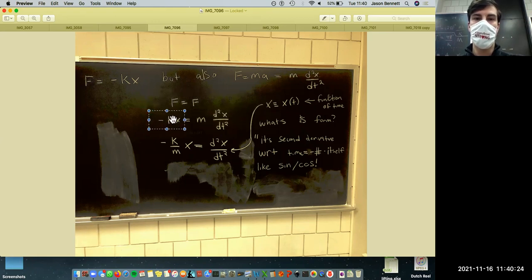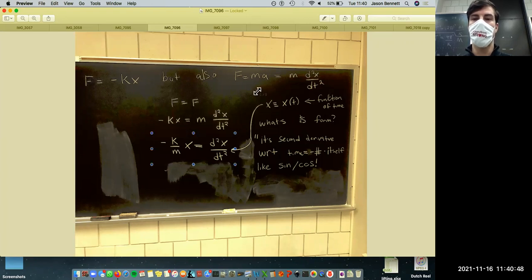So I'm writing out this form for F, and this form for F. This step down here is just for convenience. It's a little easier to think about if you have something on its own and some coefficient with the next thing. If I read this math in English, it is the second derivative of some function x.